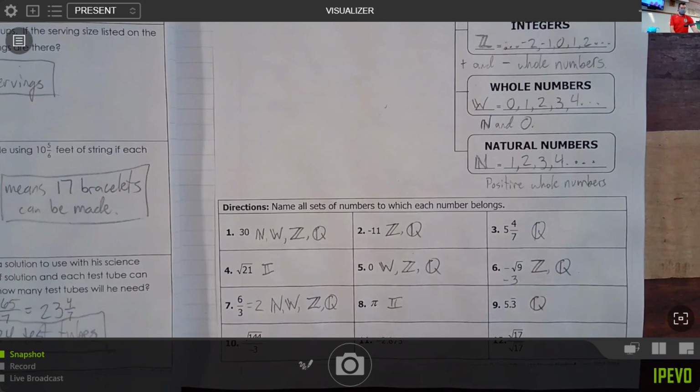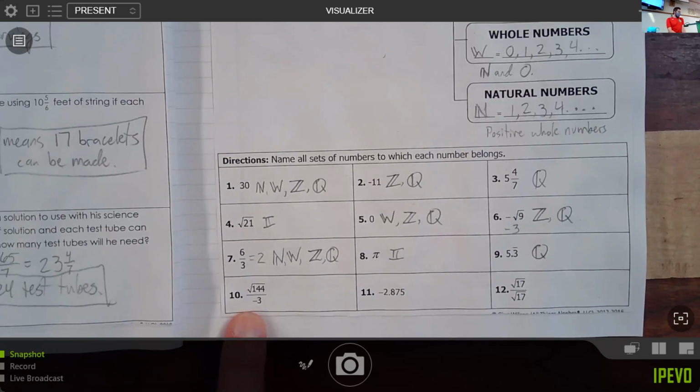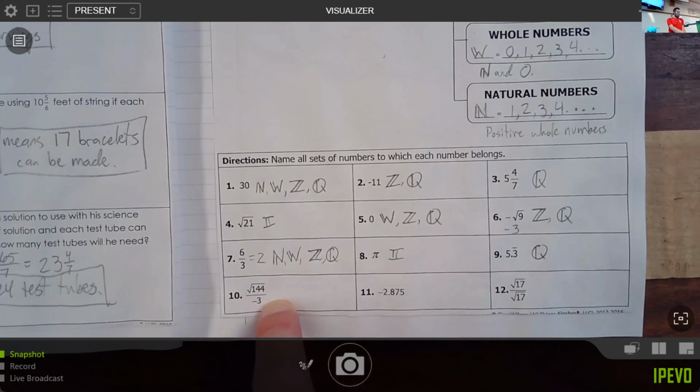All right. Now this next one is maybe a little more challenging in terms of how it looks, but what number multiplies by itself to equal 144? 12, yeah. 12 times 12 is 144. So this is 12 divided by -3. What does 12 divided by -3 equal? -4, yeah.